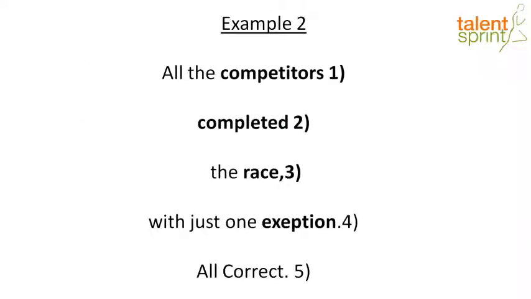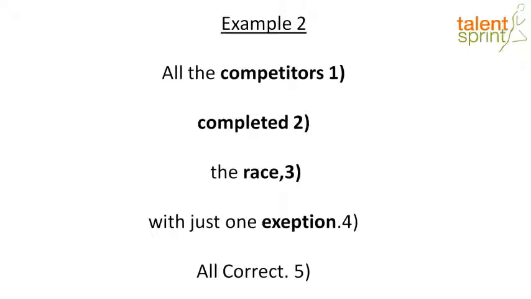All the competitors completed the race with just one exception. Okay, so the highlighted words are competitors, completed, race, and exception. Let's go word by word and see if it's the right fit. The meaning, is it correct? Is it complete? All the competitors completed the race with just one exception. The meaning seems right, and all these words seem like the right fit in this context, right?